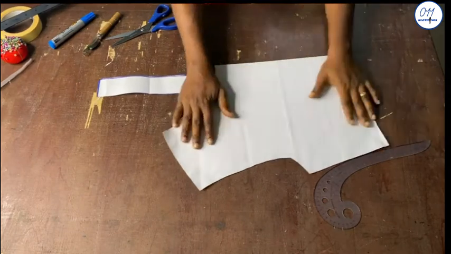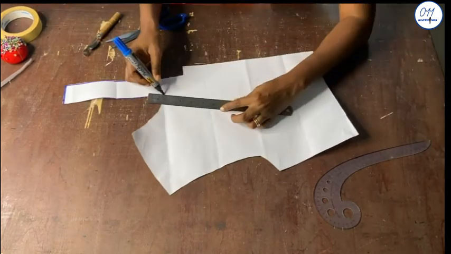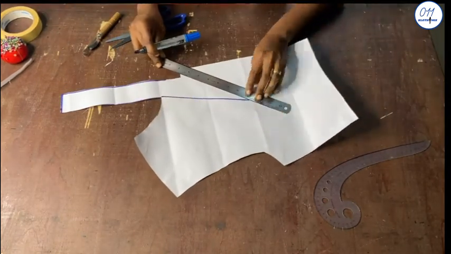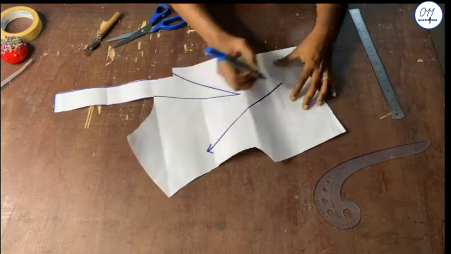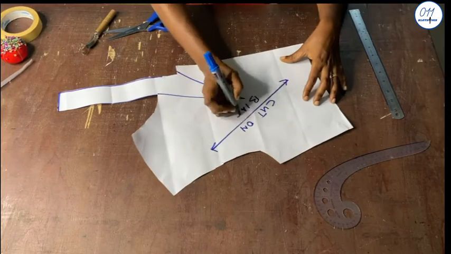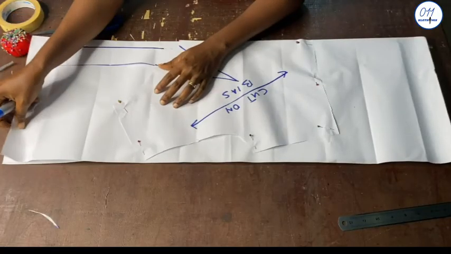So this is the new front pattern. This pattern will be cut on bias. Because it will be cut on bias on my fabric, to avoid errors while cutting, I need my full front pattern.